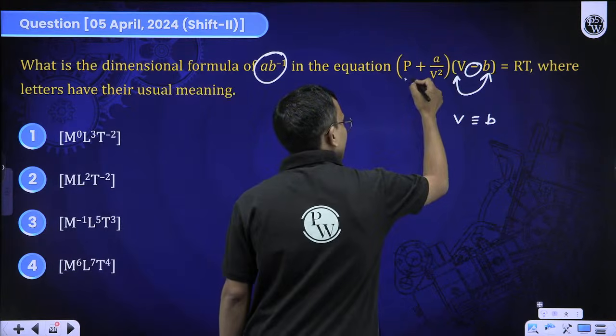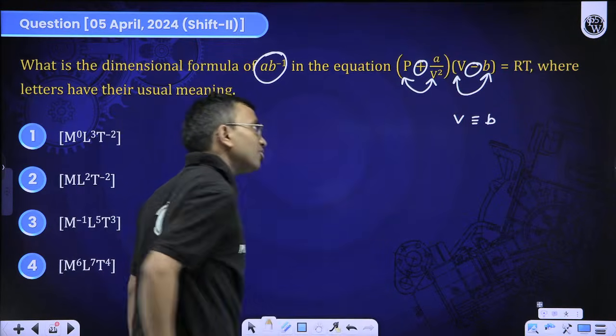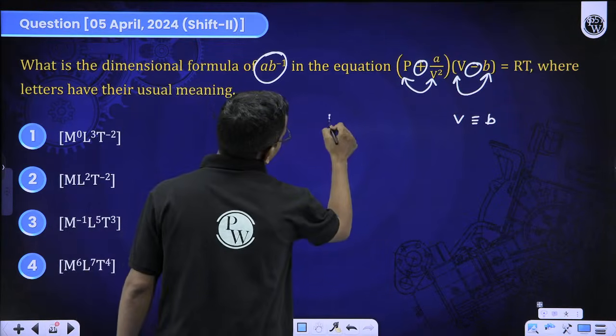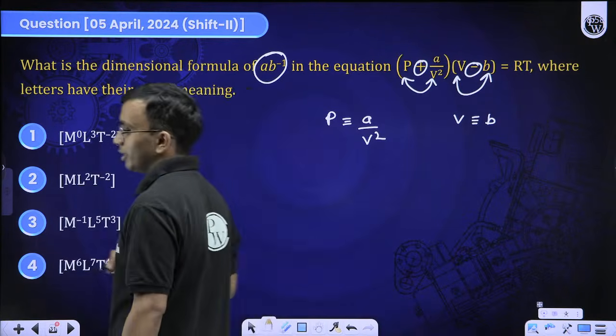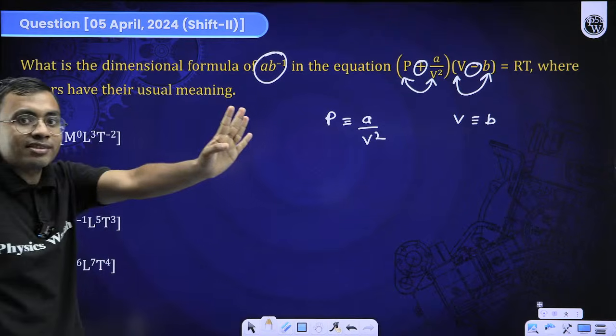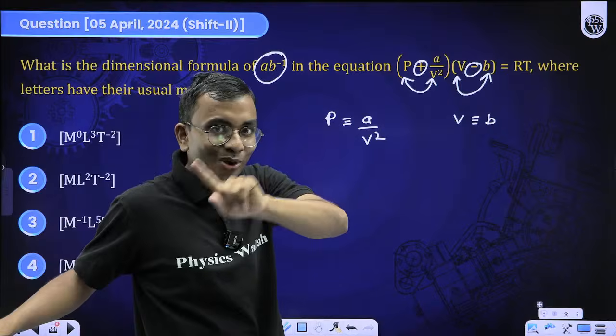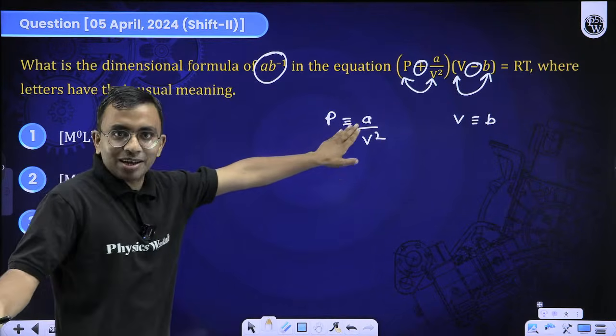Similarly, there is a plus sign, so these two have the same dimensions. So pressure and A by V square are dimensionally equal. Not equal in magnitude sense, only dimensionally, so don't get confused.